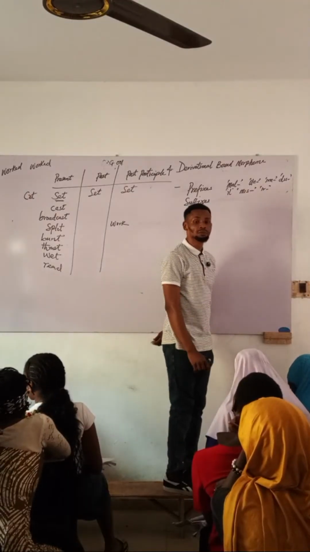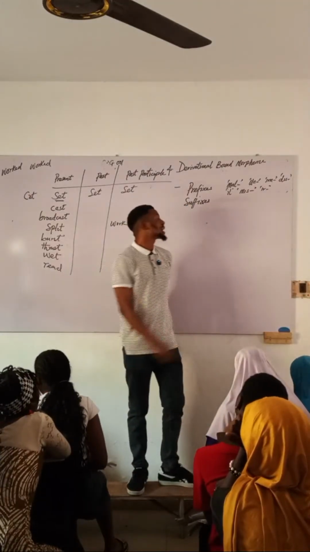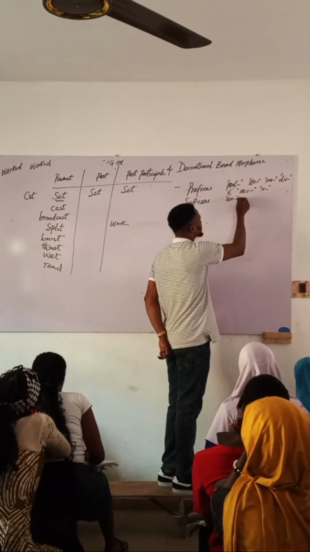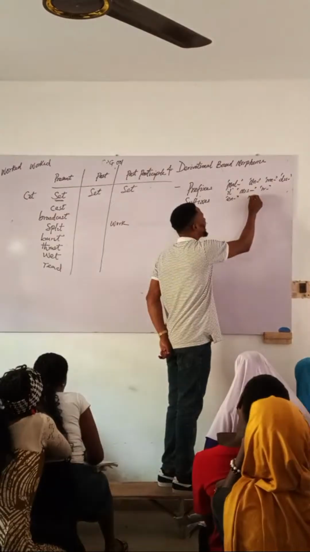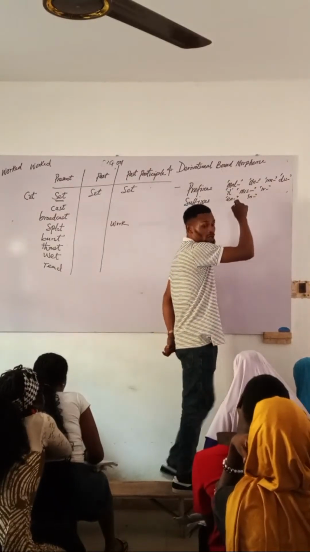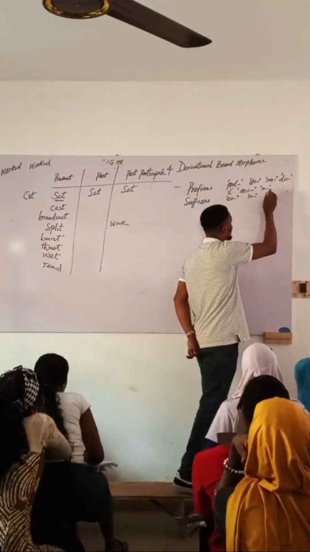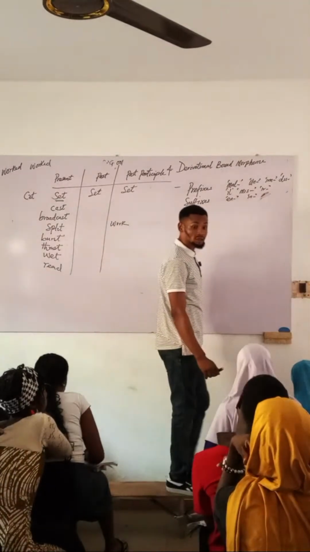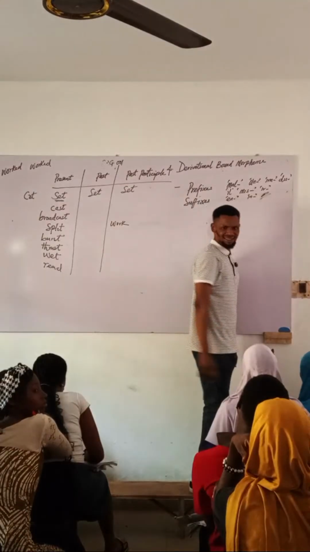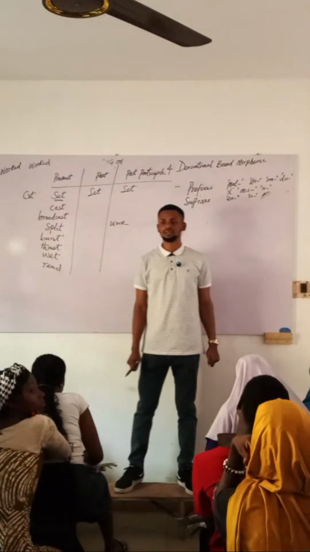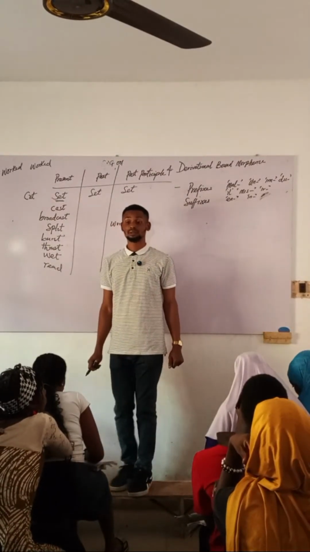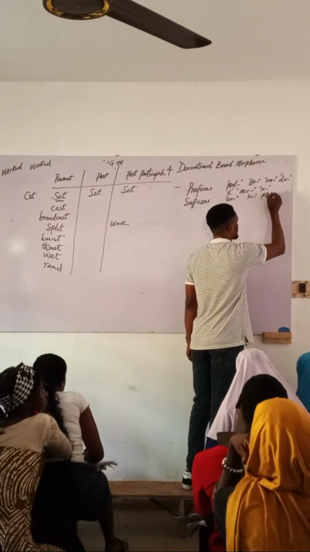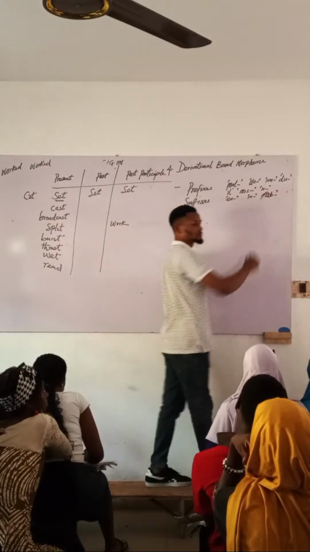Which other form? You can have what? En. Yes. You can have in. You can have what? Un. I said that. You can have what? Ab at the beginning.